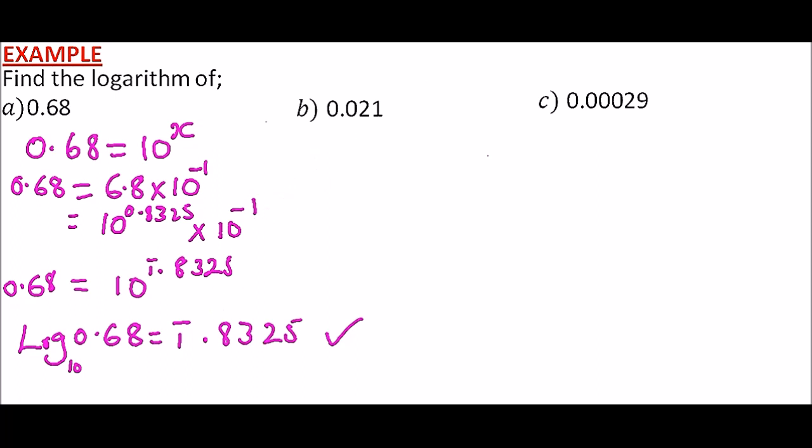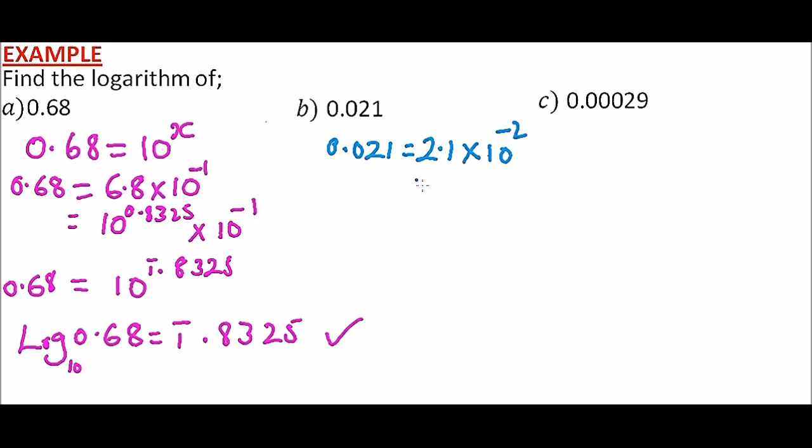We go to part B. We are required to find the logarithm of 0.021, and we follow the same steps. So we write 0.021 in standard form, which is 2.1 multiplied by 10 to power, now it is bar 2 or minus 2.